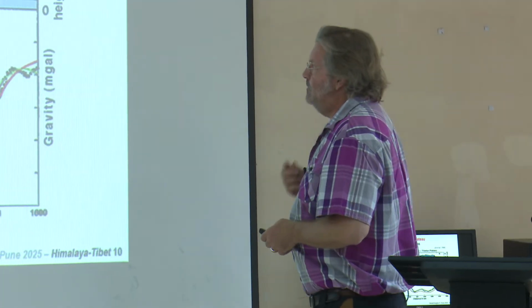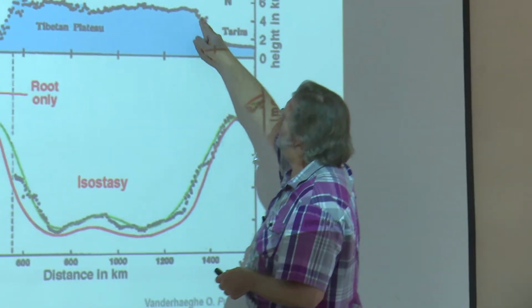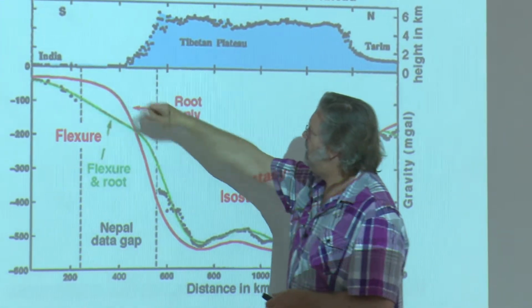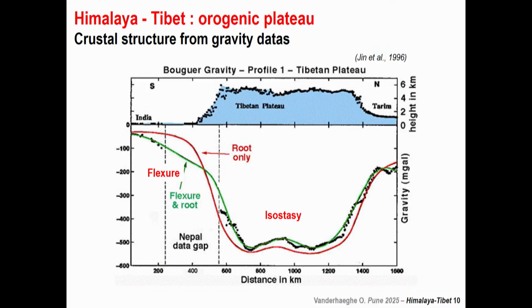In terms of geophysics, we have here the Tibet plateau, the Himalayas, India, and that's the Bouguer gravity anomaly. So basically it gives us the thickness of the crust. These are the data in the black dots, and the model here with only isostasy. So isostasy, it's like each vertical column is independent from the neighbors, right?